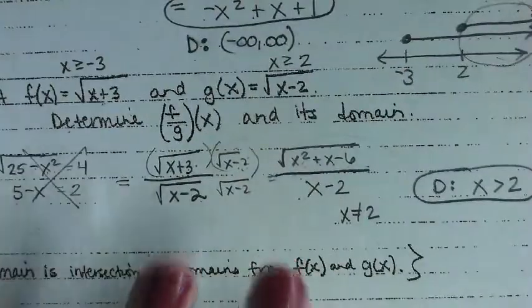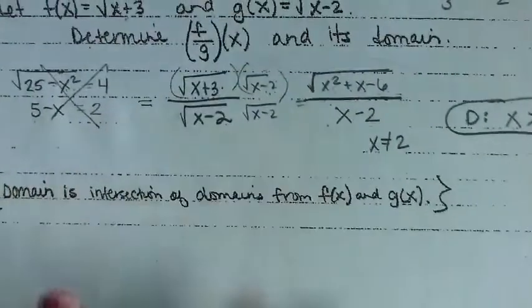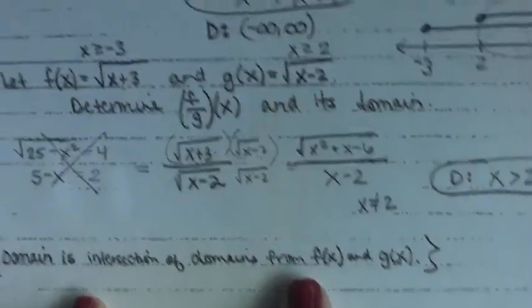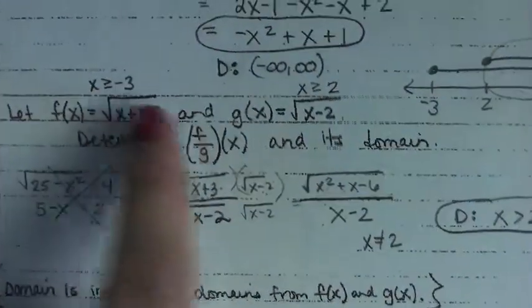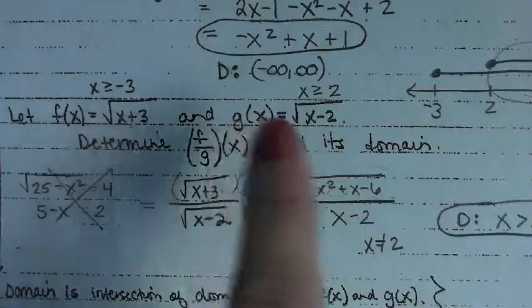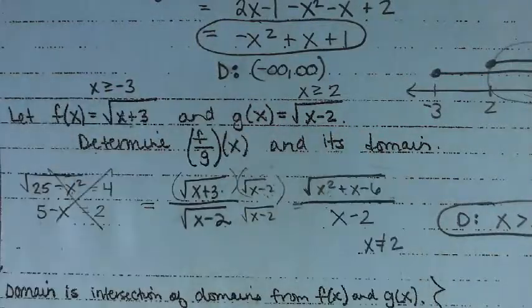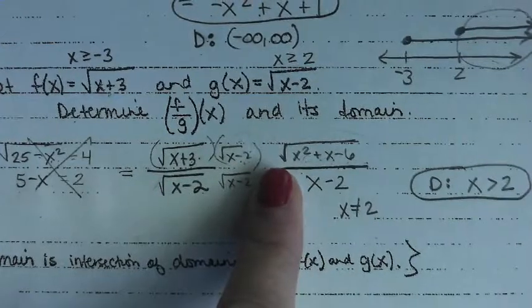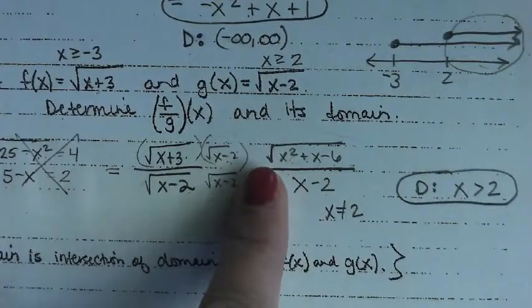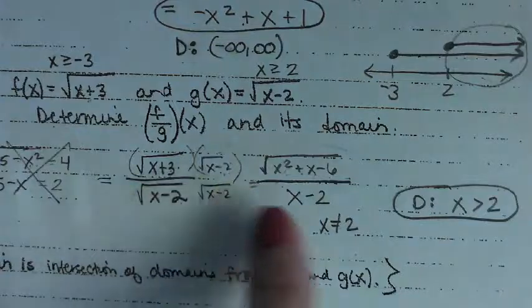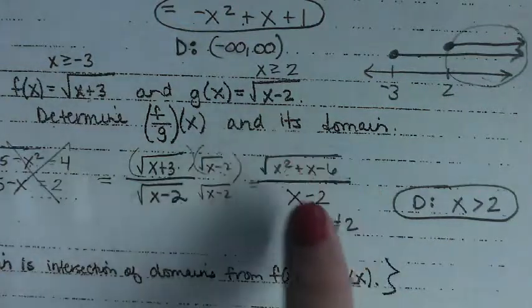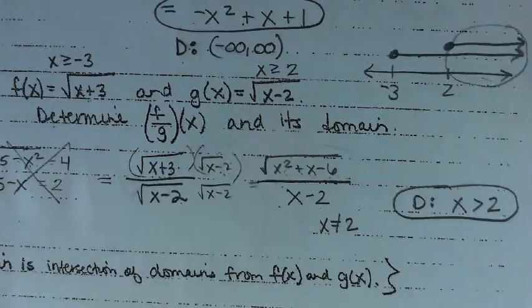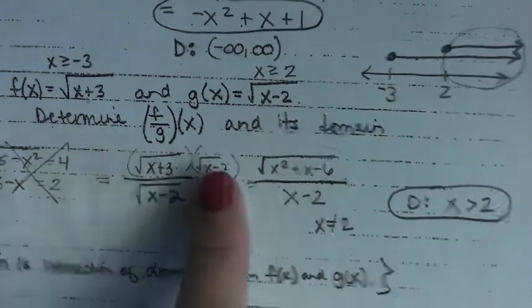But the composition rule tells us this: the domain is the intersection of the individuals. So because this came from individual functions, where those numbers are not allowed in the domain, we cannot include them in the domain of the final. Does that make sense? Okay? So you may be able to still find numbers that work in this once you simplify it, but remember where this came from.